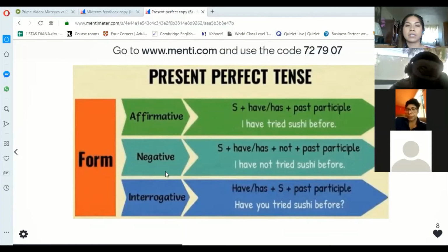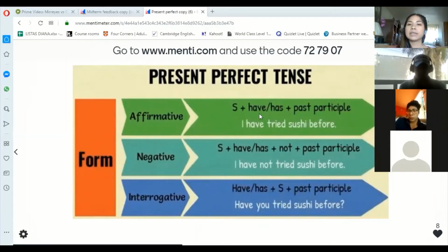And finally, for interrogative forms, please, Jorge. Have or has plus subject plus past participle. An example is, have you tried sushi before? Correct. And now we exchange and we have first the auxiliary and then the subject. Have you and then tried. Be careful.